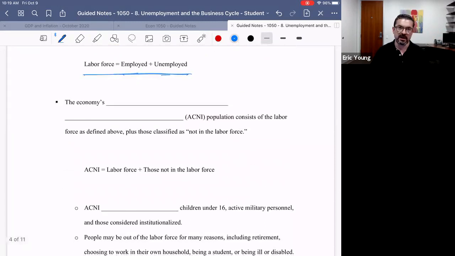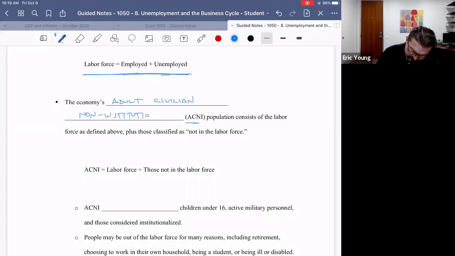Another critical definition is the ACNI. The ACNI is the economy's adult, civilian, non-institutional population.